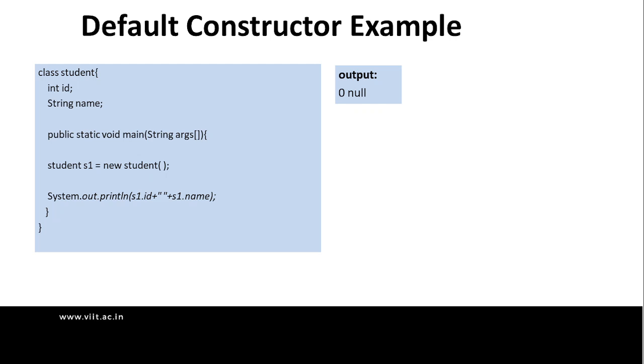A default constructor example is like this. For example, the class is Student, with integer id and string name, two instance variables. Then the public static void main method is written. So new Student is a default constructor.